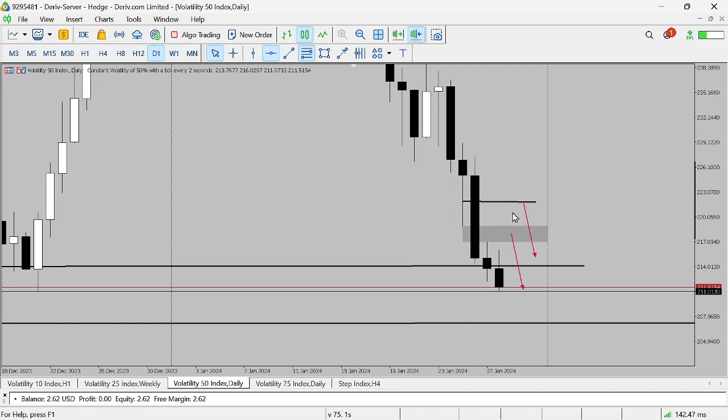Price can decide to be overzealous and shoot up. The next level I would like to see is 50% of this week, and that's another area I'm watching. So going into this week, I'm watching this area and then this area. I will also mark 25% of the week.